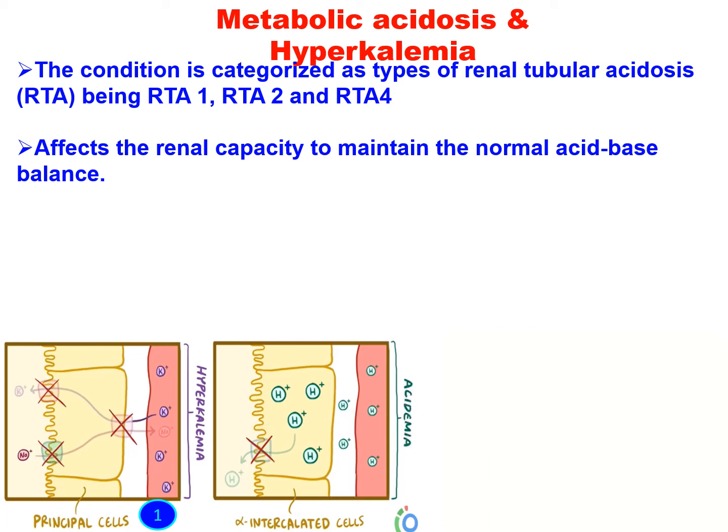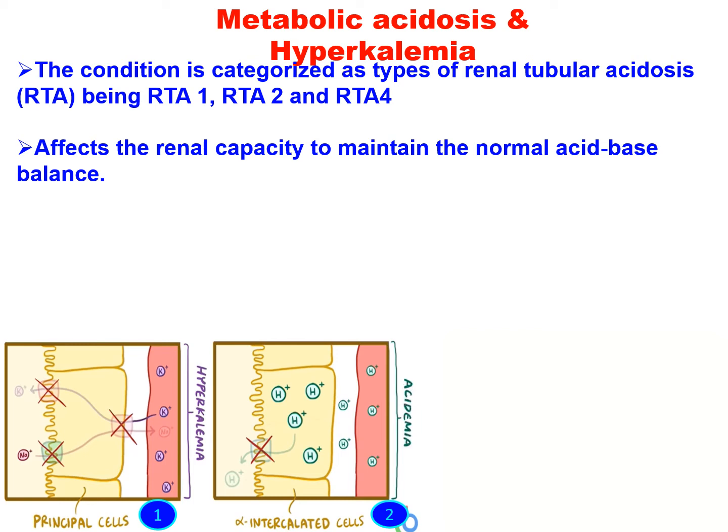Then in the alpha intercalated cells, the defective hydrogen ATPase transporter leads to retention of hydrogen ions in the cell, which are eventually transported to blood, leading to acidemia, as shown in the second picture. Thus, in renal tubular acidosis, here shown type 4, hyperkalemia and acidosis are caused.